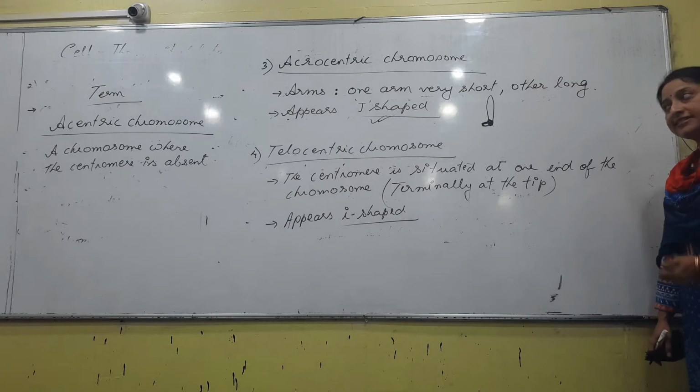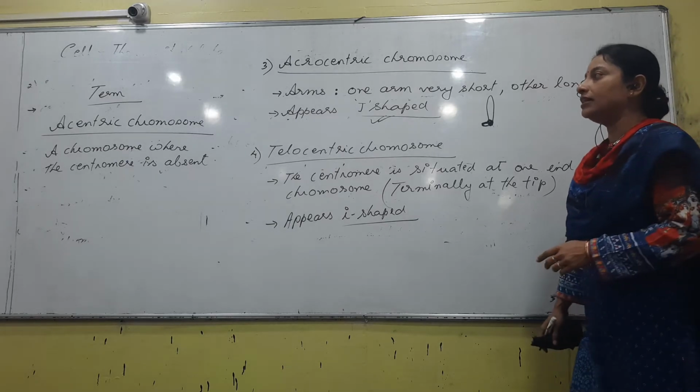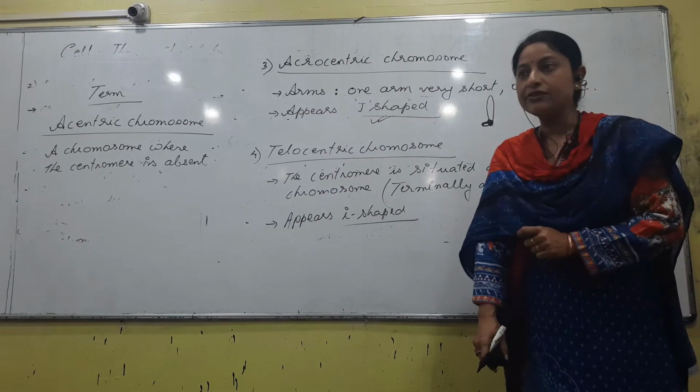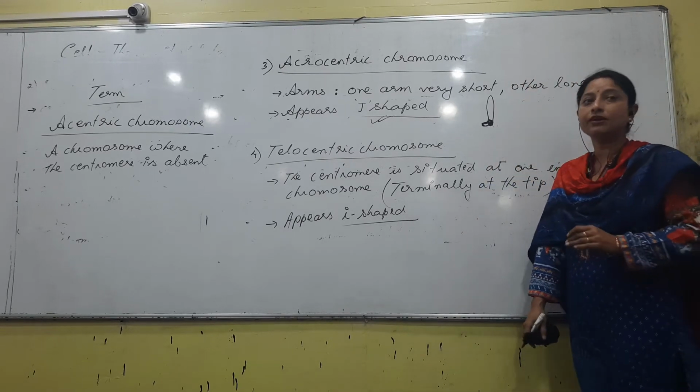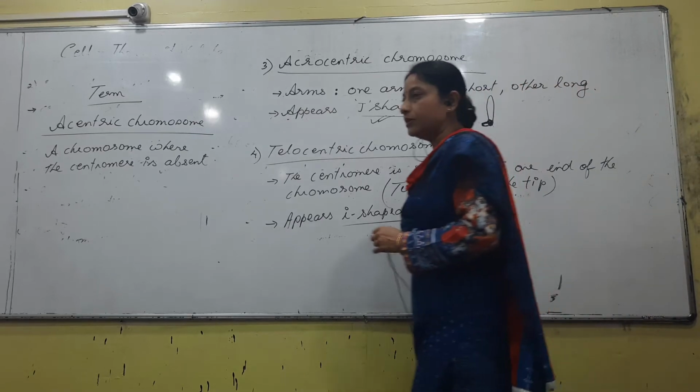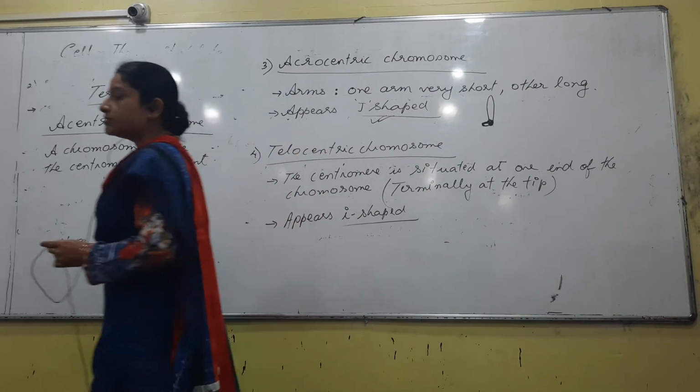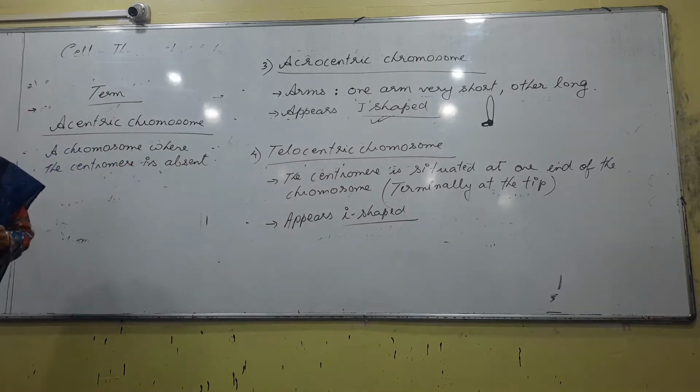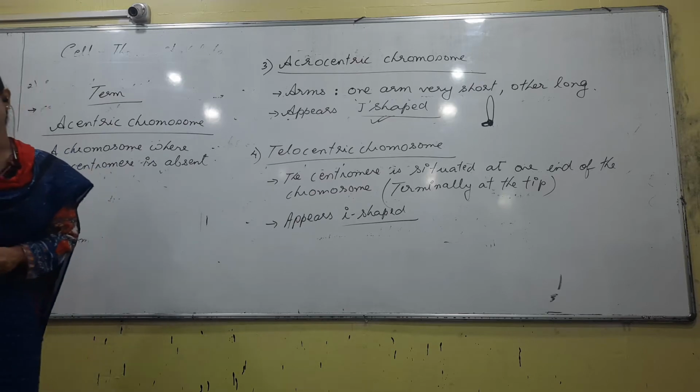Inside the nucleus, the genetic material in the form of thread-like structures is called chromatin. Chromatin condenses and forms chromosomes. Talking about chromosomes, we have written a lot of information about the chromosome, right? About the structure, about the arms, about the shape, etc. So apart from this, one more thing we have to study, that is called a giant chromosome. So write the heading giant chromosome.